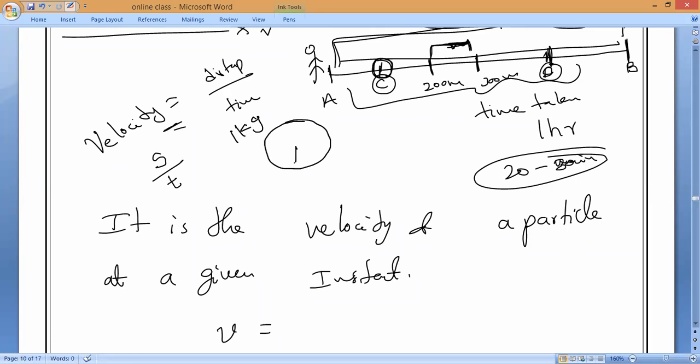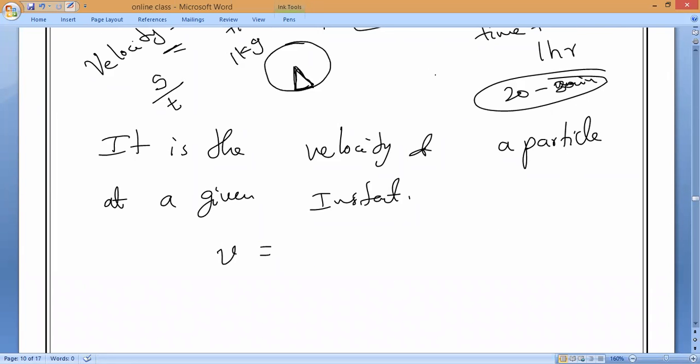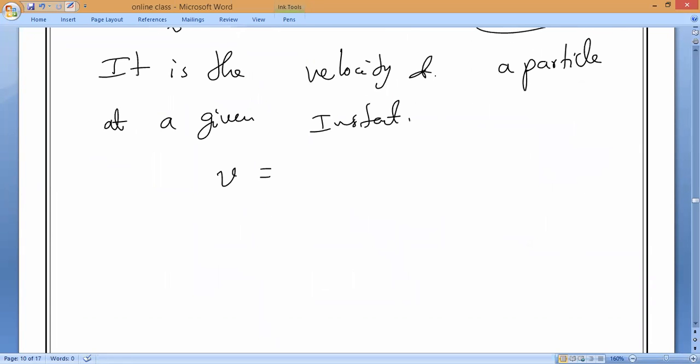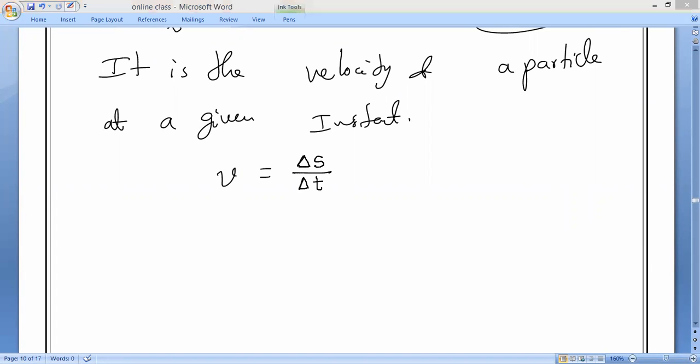Now a particular part alone, we can cut a piece and measure it. Is it yes or no? Same way, in the total velocity, we take a particular point, a particular instant, so at that instant the displacement is represented with delta S, and the particular time period with delta T. This is what we call instantaneous velocity.